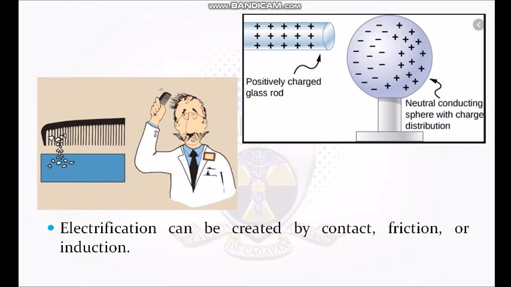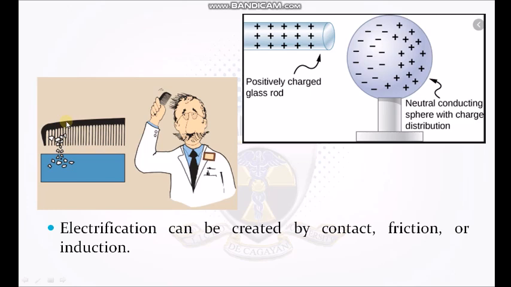Take friction, for example. In this image, taken from the book of Bushong, a person is combing his hair, and once the comb is brought close to strips of paper, the strips of paper will be attracted towards the comb.